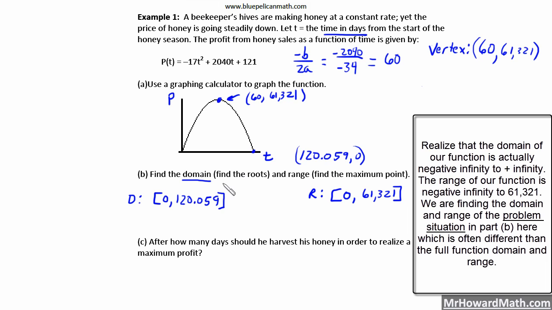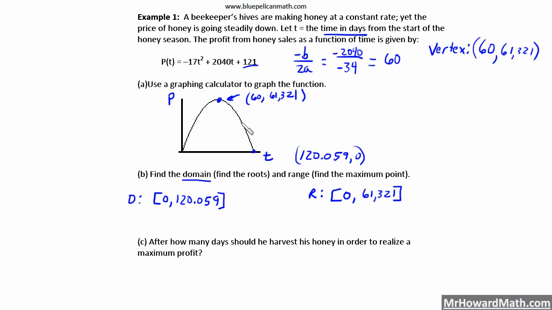So we found the maximum point, and we found this one root. The other root over here is going to be a negative value, because if we set x, our t-coordinate, to 0, the y-intercept is just going to be 121. Therefore, the other root is a negative value, which doesn't make any sense for our problem situation. So we're going to leave that alone.